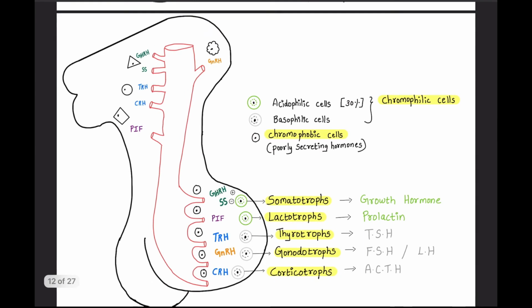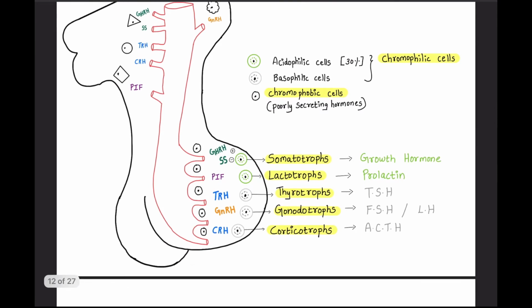Among the acidophilic and basophilic cells, those acidophilic cells which secrete growth hormone are known as somatotrophs, and those which secrete prolactin are known as lactotrophs. Those basophilic cells which secrete thyroid stimulating hormone are known as thyrotrophs, those which secrete follicle stimulating hormone and luteinizing hormone are known as gonadotrophs, and those which secrete adrenocorticotrophic hormone are known as corticotrophs.